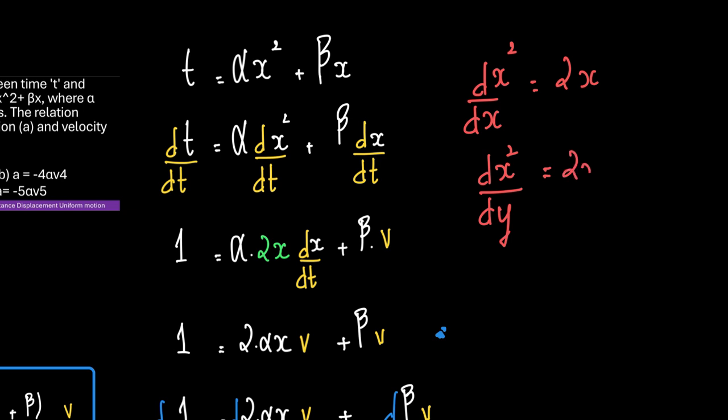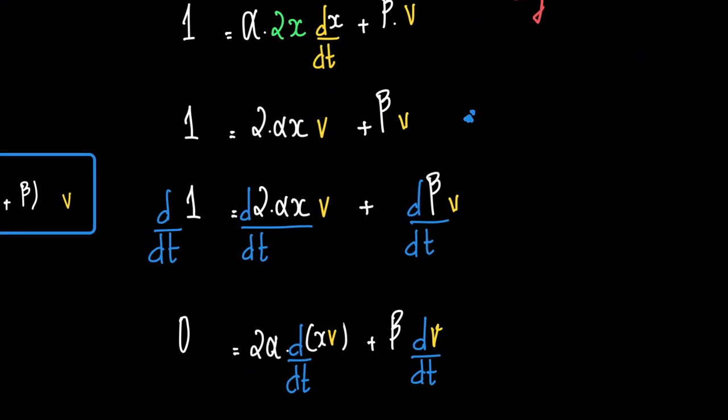It would be 2x into dy by dx. Similarly, d by dt of x square would be 2x into d by dt of x. What is d by dt of x? Rate of change of displacement with respect to time, which is velocity. So we reduce this equation as 1 is equal to 2 alpha x into v plus beta into v. And we need this equation.